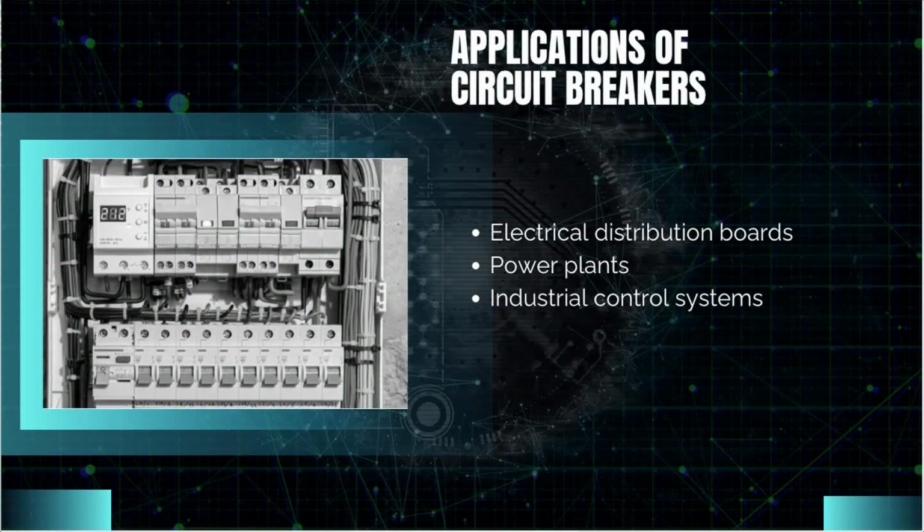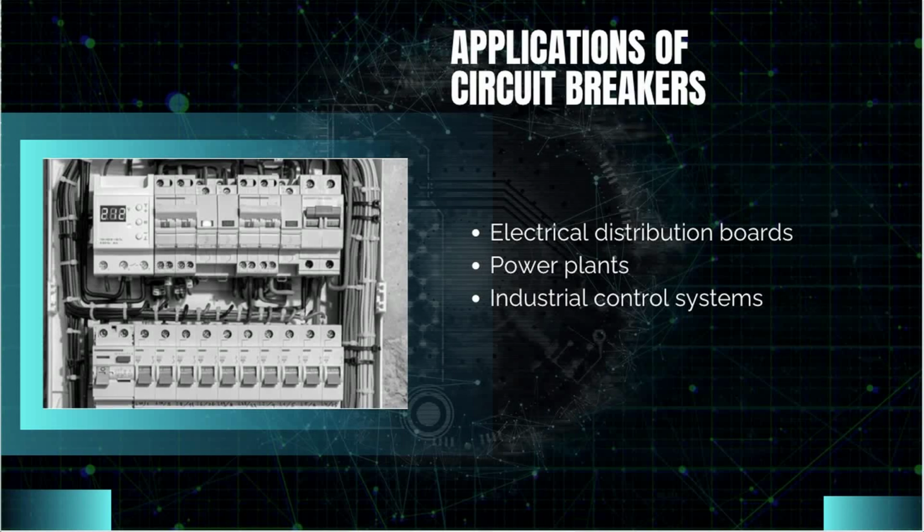Applications: circuit breakers are versatile devices used in a variety of settings to ensure electrical safety and system stability. Electrical distribution boards, MCBs and MCCBs protect residential and commercial wiring from faults. Power plants, ACBs and VCBs are used to safeguard high voltage systems and ensure reliable power distribution.